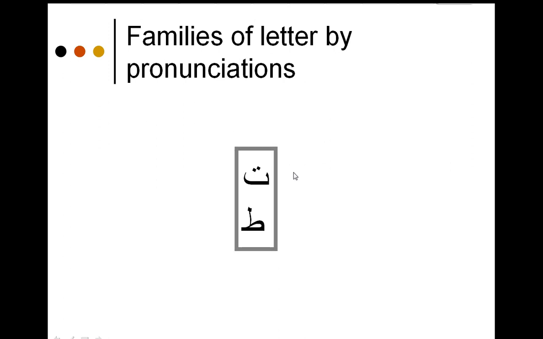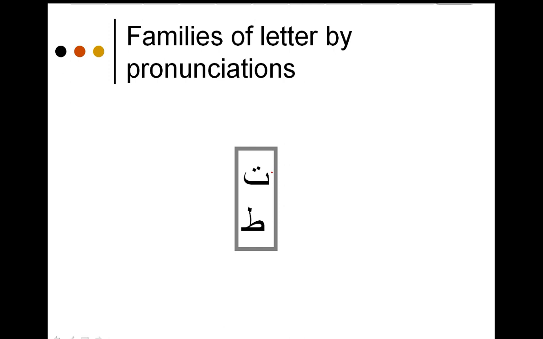Another pair where the only difference between the two is the heaviness of the sound. In Arabic you will find different pairs where the only difference is the heaviness of pronunciation. This one is ta.